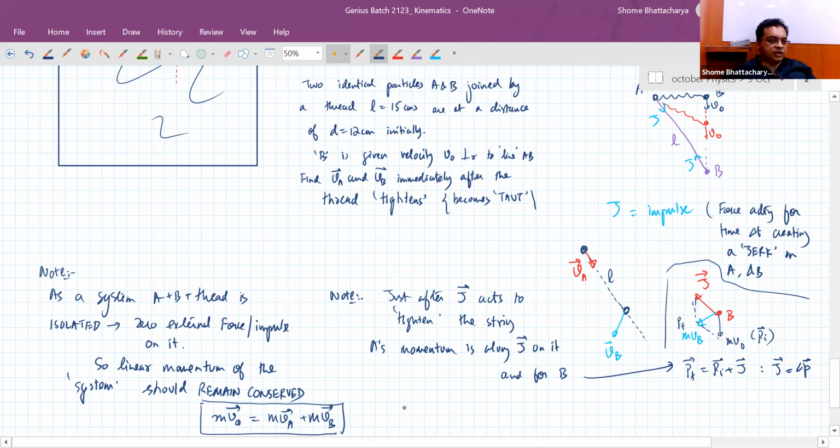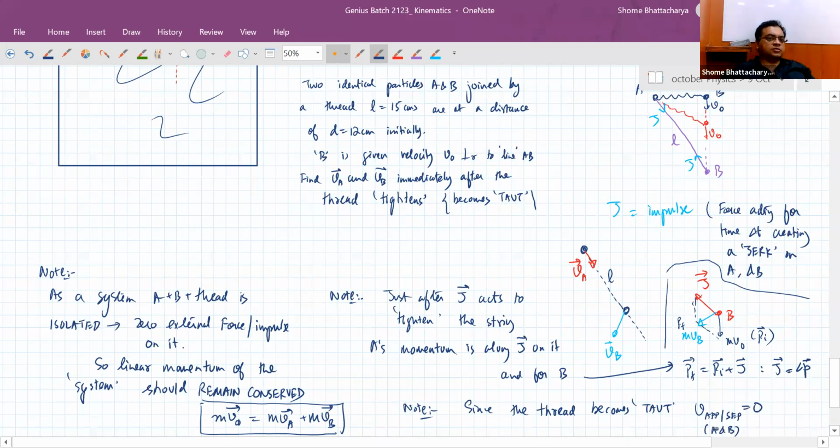And the third thing, where our main application of what we've just learned comes in, is that since the thread becomes taut, the approach or separation velocity, whichever we take, should be 0 between A and B. Because now this string is tight.